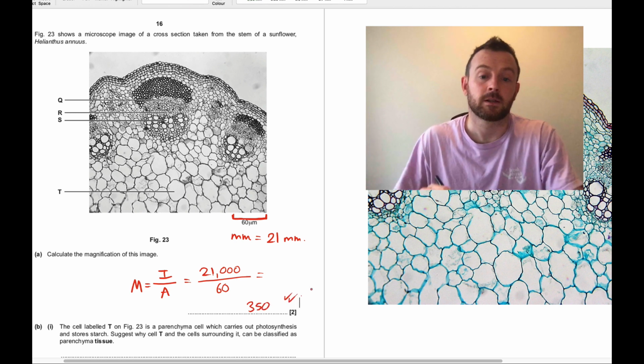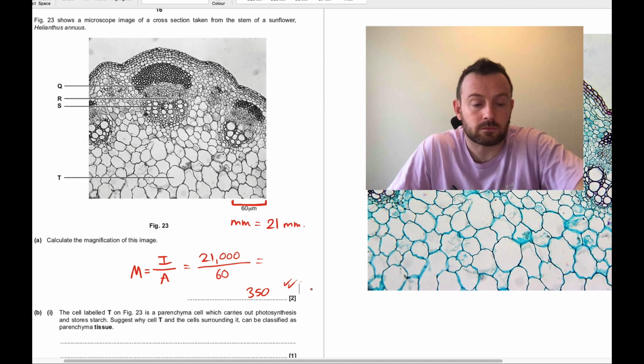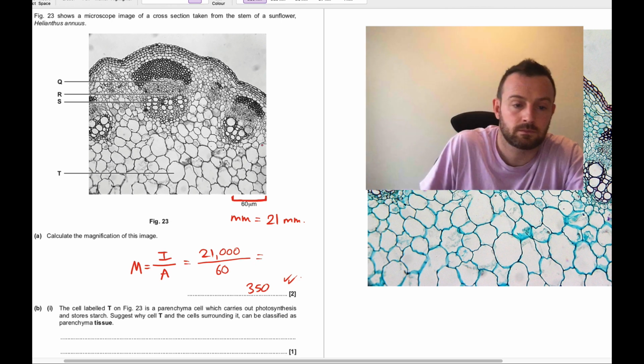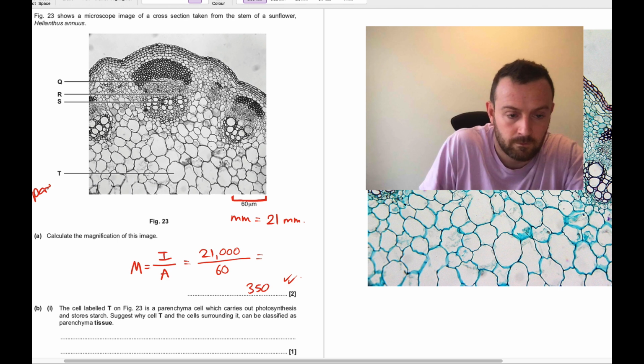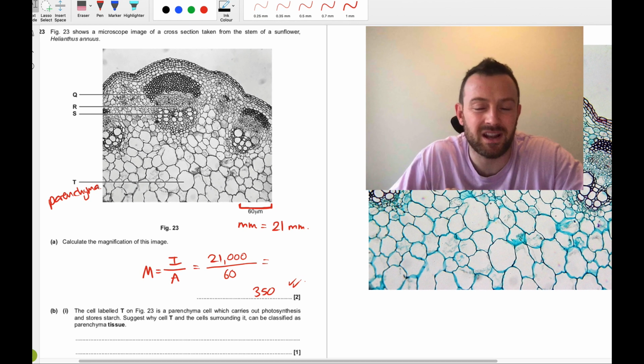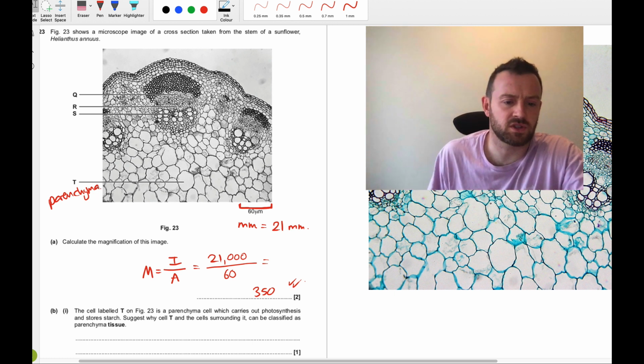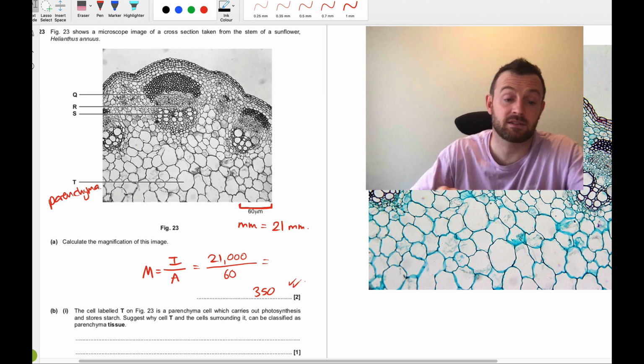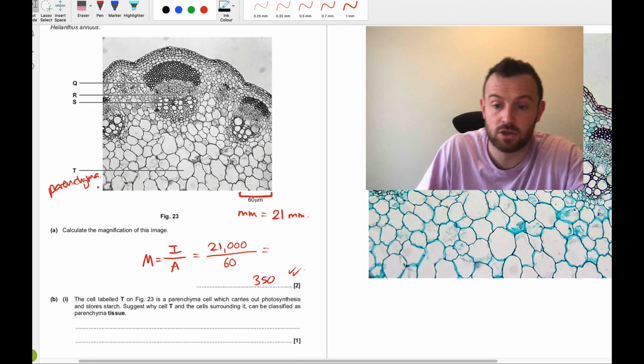Tick, tick. Okay. The cell labeled T on figure 23 is a parenchyma cell, which carries out photosynthesis and stores starch. Why can cell T and the cells surrounding it be classified as parenchyma tissue?